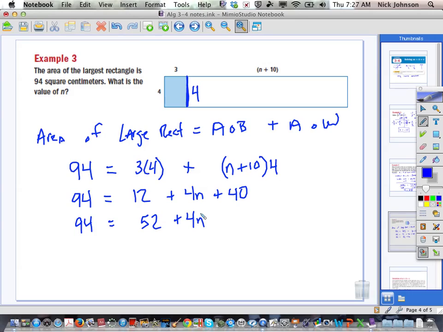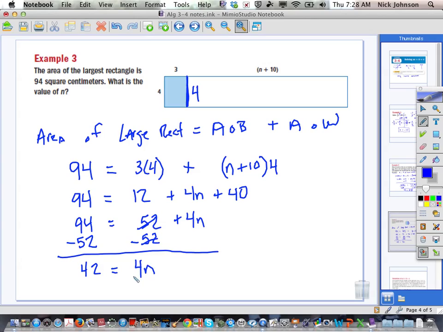Now this time my variable is on the right side. Okay? So I got to get the 52 over there. I got to get the 4 over there. So the inverse of adding 52, that's the sign in front, that's an imaginary plus, is subtracting 52. Whatever I do to one side, I have to do to the other. 94 minus 52, 4 minus 2 is 2, 9 minus 5 is 4, equals 4n.